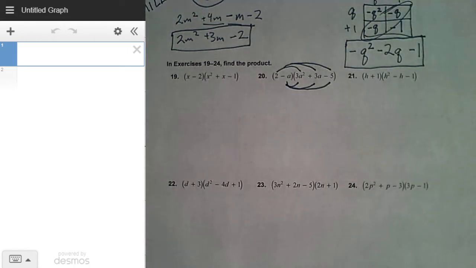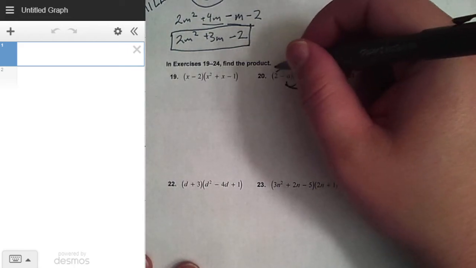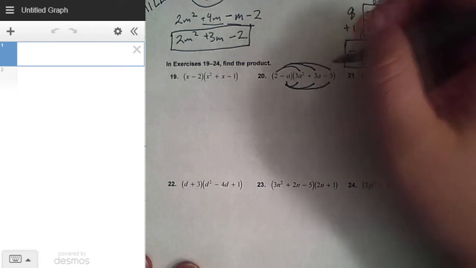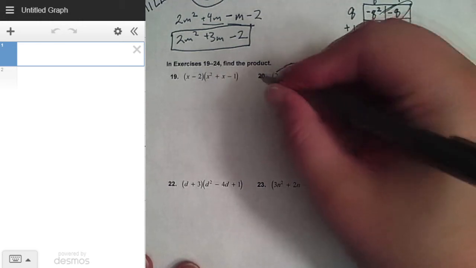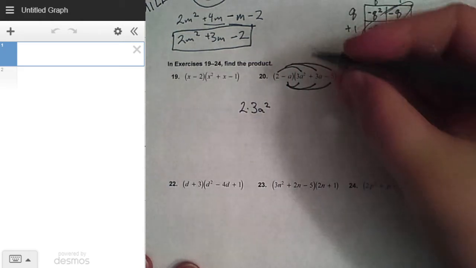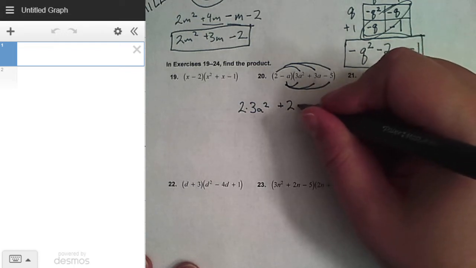So we'll notice that we end up having 6 terms being multiplied together. You can do either way here, whichever way you choose, but it's going to be about figuring out which ones are the like terms when we're here at the end. So 2 times 3a squared. Sometimes it's easier to write this intermediary step.